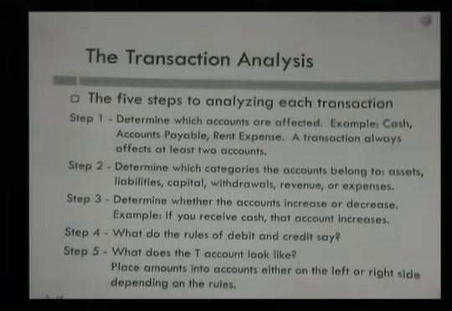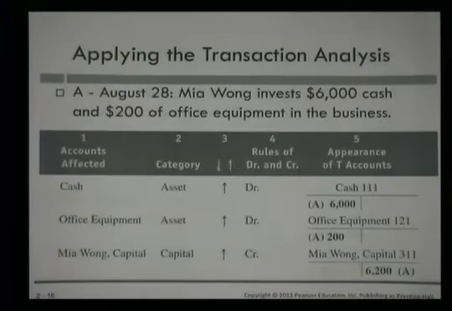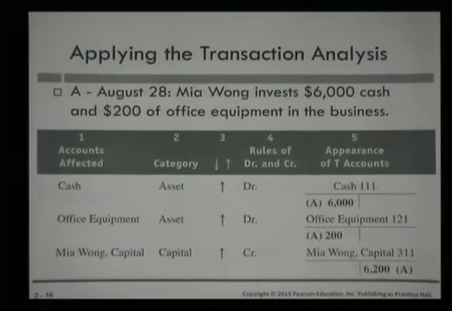So let's do some transactions together. Here's transaction A. Mia Wong invests $6,000 cash and $200 of office equipment in the business. Step number 1, what accounts are affected?